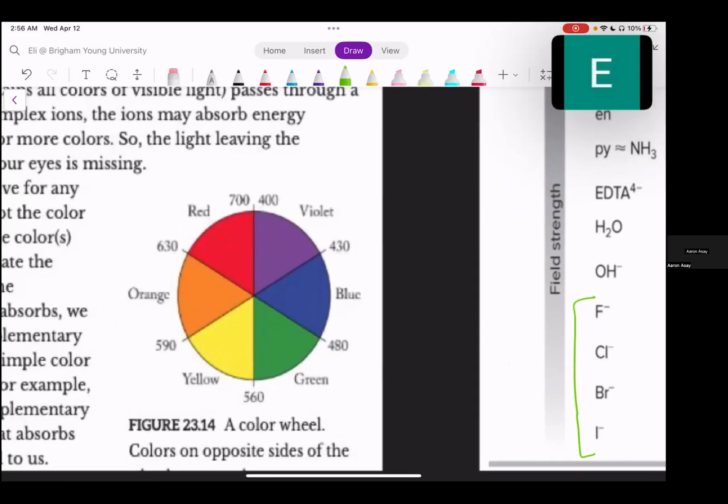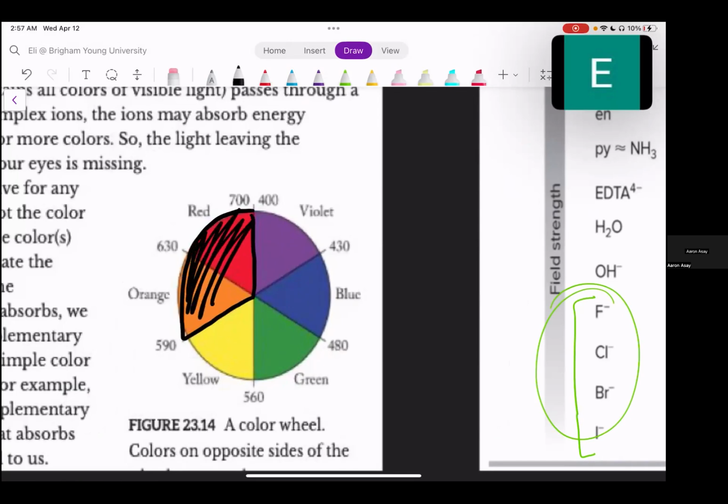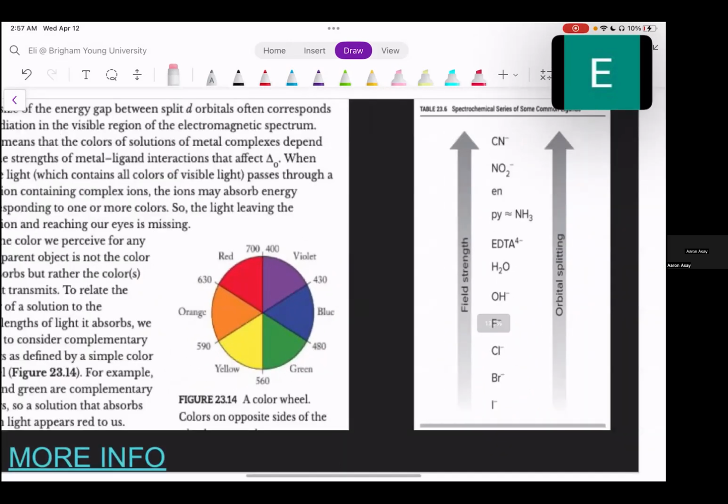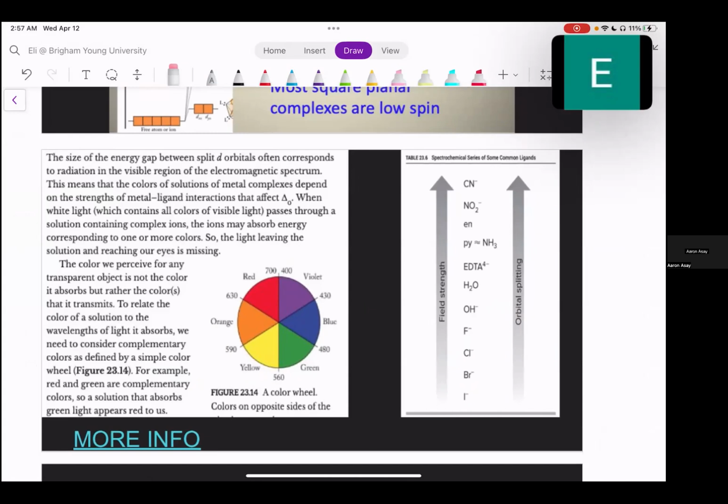So for example, these might absorb the red-orange spectrum. If that's the case, they're going to emit the colors that are directly opposite of them, and they'll give off a blue-green color. So that's something important to remember about field strength, about orbital splitting.